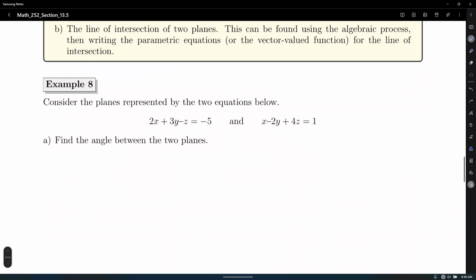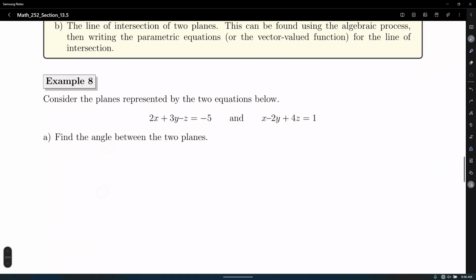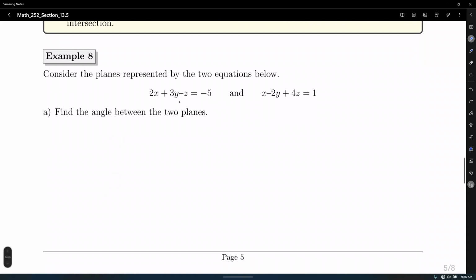2x plus 3y minus z equals negative 5. X minus 2y plus 4z equals 1. Actually, this is a 2-part question. So number 1, let's say this plane has a direction vector. Let me call it n1, and because it's a normal, it's a vector that is normal to the plane, and 1 because it's the first plane.